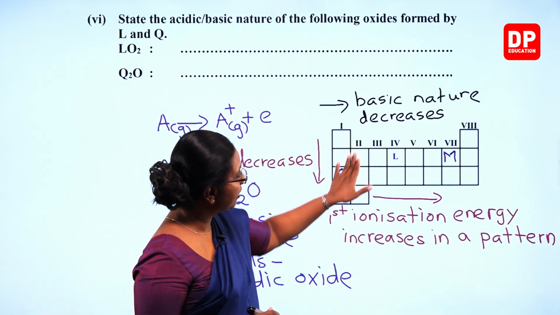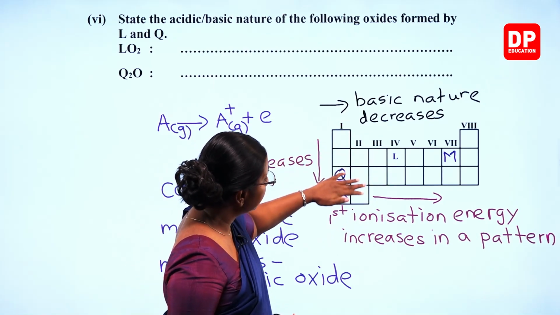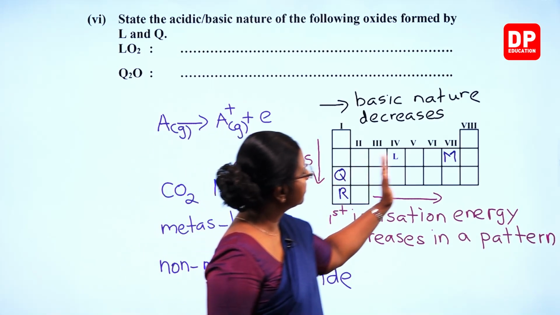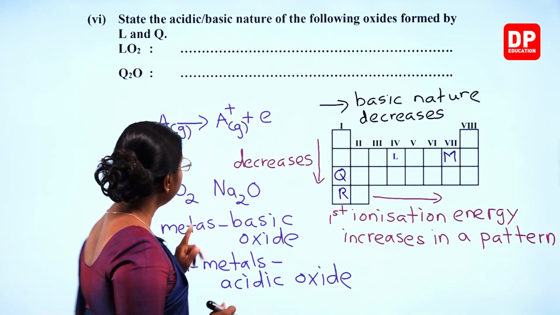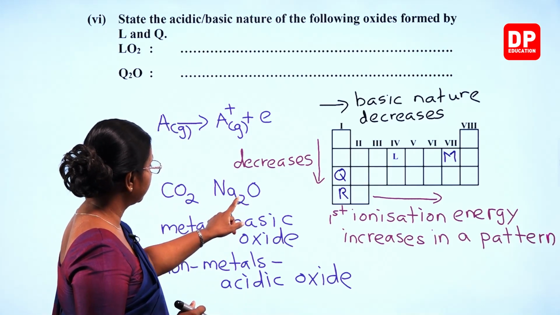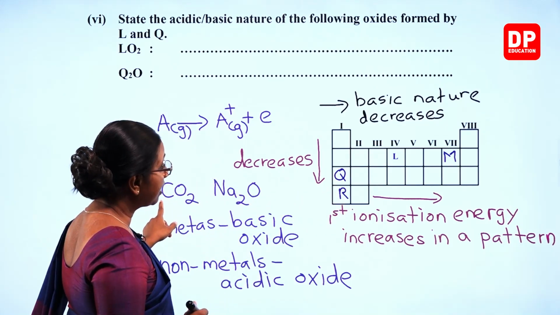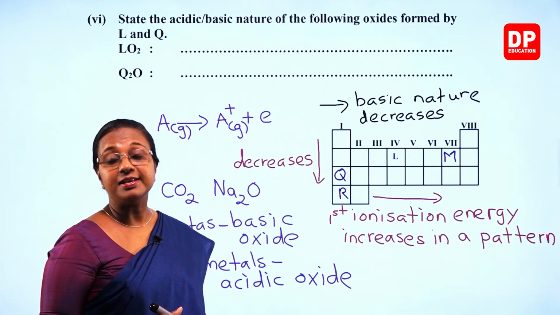So, these are usually metallic elements. This side, it is the metals that form the basic oxide, whereas on this side, usually it is the acidic oxide. So, if you compare CO2 and Na2O, that is Q, that is a basic oxide, whereas carbon dioxide, that is the oxide of L, is going to be an acidic oxide.